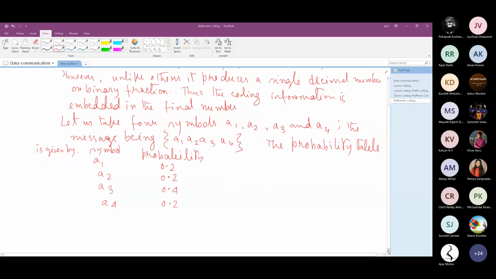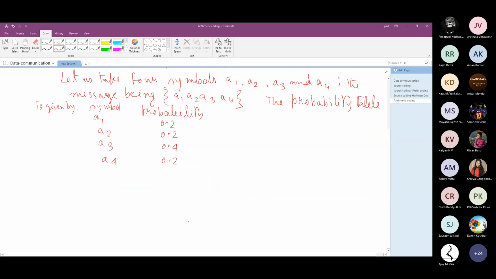That can be done for a tutorial exercise, but when we implement, these probability tables are generally static, estimated over a considerably longer time or a longer number of occurrences of symbols, such that more or less it is steady. Then we store that as a probability table.